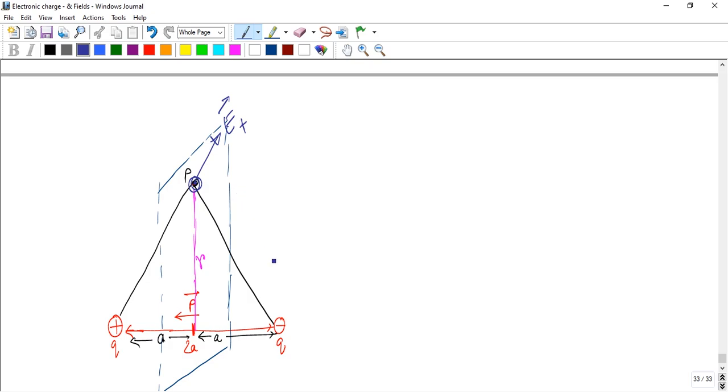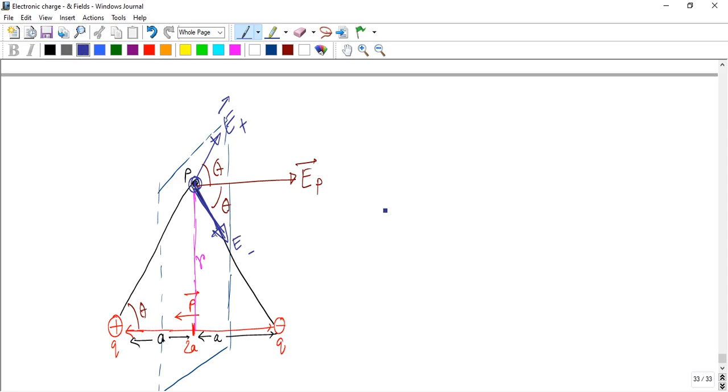Due to minus q at point P, the electric field is towards it, in that direction, that is E of minus. If I add these two vectorially, you get the electric field at P. If this angle is theta, this angle also is theta, and this angle also is theta.